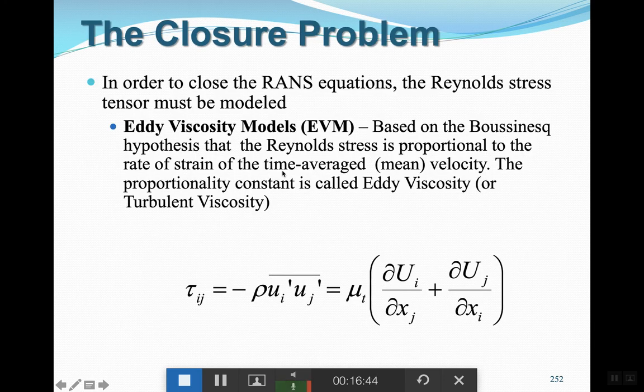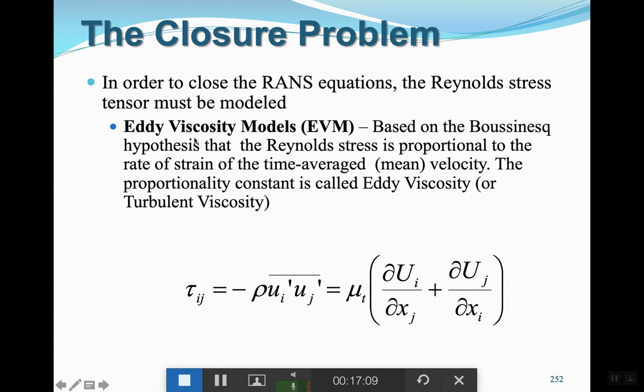So what we do is called the closure problem, meaning we have to get rid of these extra unknowns to close our problem, meaning to get rid of the extra parameters in our equations, because remember, we only have 5 equations and we have only 5 unknowns already, so you don't want to add new unknowns to the system.